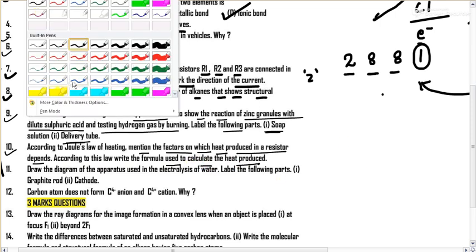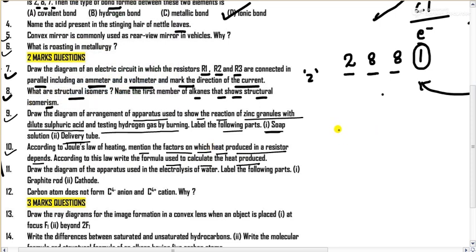So Joule's law of heating, again from the chapter electricity, gives this formula: H = I²RT. If you know the formula, you can write the factors as well.